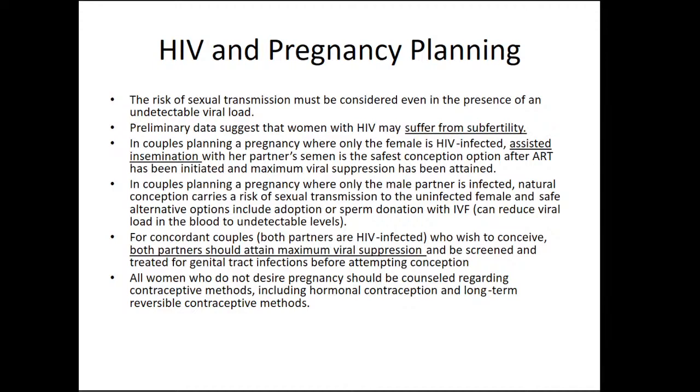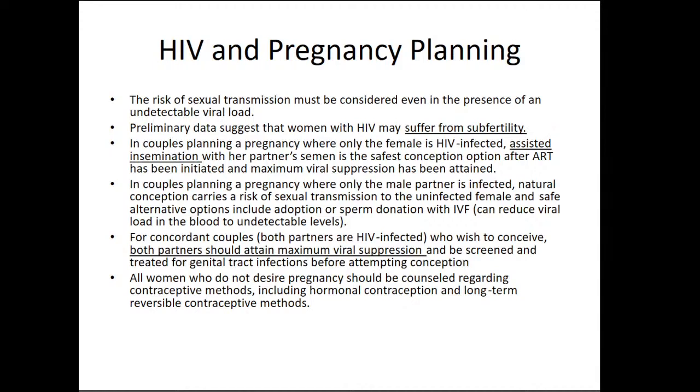In couples where the male partner is infected with HIV, natural conception carries a risk, obviously, of sexual transmission to the uninfected female, and safe alternative options include adoption or sperm donation from a healthy donor, or we can use in vitro fertilization, which can reduce viral load because we clean out the sperm of the infected male to an almost undetectable level.